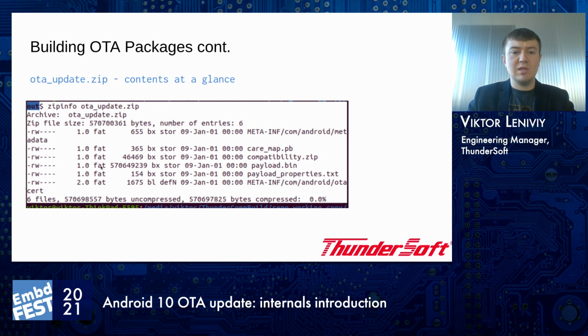Just for example, the biggest file is payload bin, which was again produced by the payload generator, and some files with meta information, and other files. For this one, we didn't know yet what is the purpose of these files.